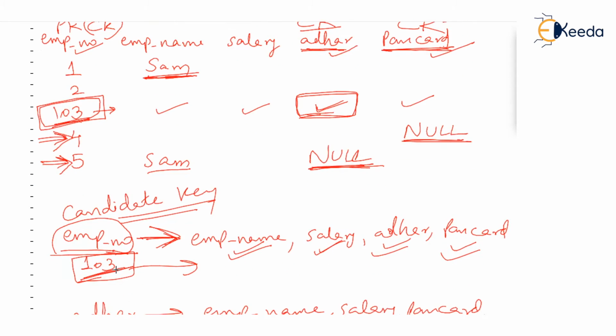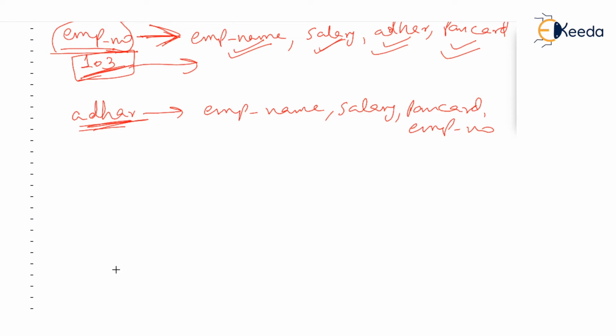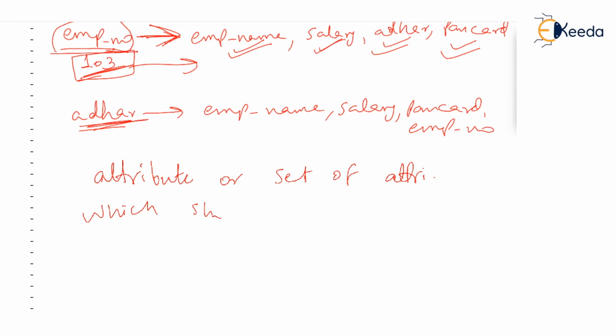Coming back to the definition of candidate key, a candidate key is an attribute or set of attributes which should have unique values, just as primary key. But candidate key can be null. Yes, it can be null. For example, a person does not have Aadhaar card number. Okay, the person doesn't have Aadhaar card number, but if there are Aadhaar card numbers, all the numbers should be unique.